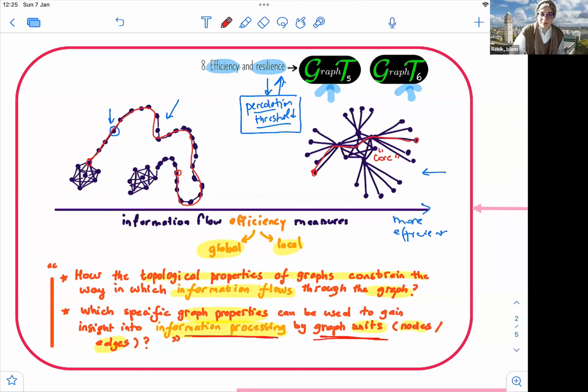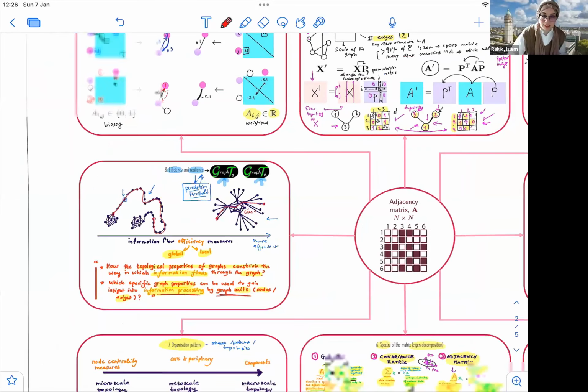Okay, so these are very deep and very important questions, and these will be revisited in deep graph neural networks and GNN models in different ways. But the field is still new, I would say, although it has been there for a few years.